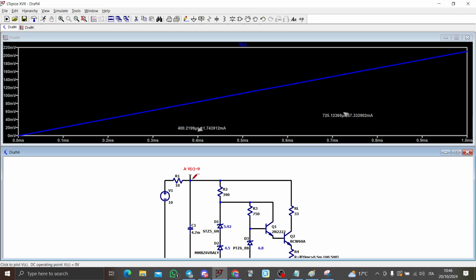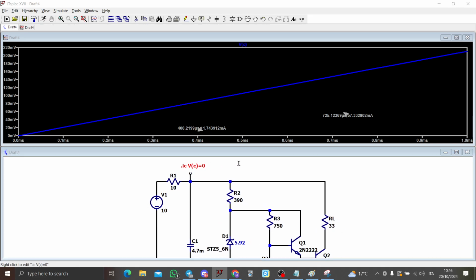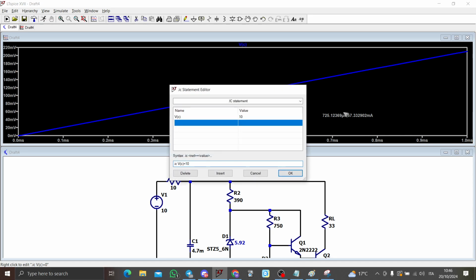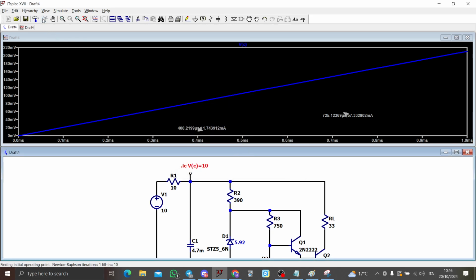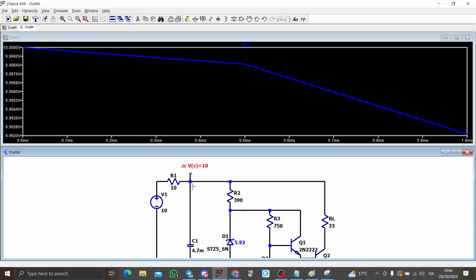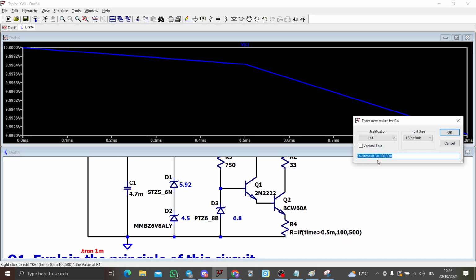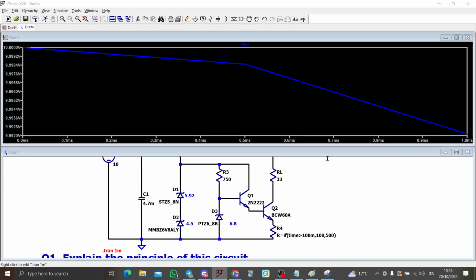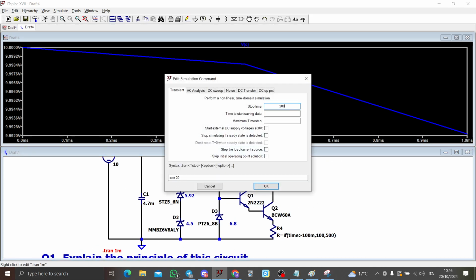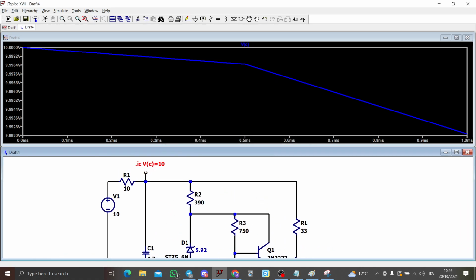Oh, it is too big. Okay, so we have to start already charged because otherwise the capacitor is too big. The charging time is too high, so we have to select this time to be way higher, 100 milli, and transient of 200 milli.